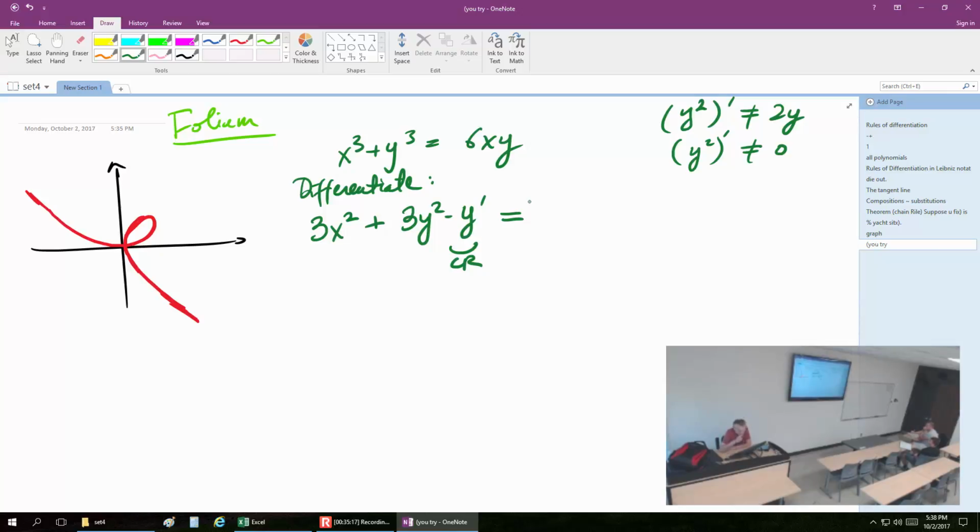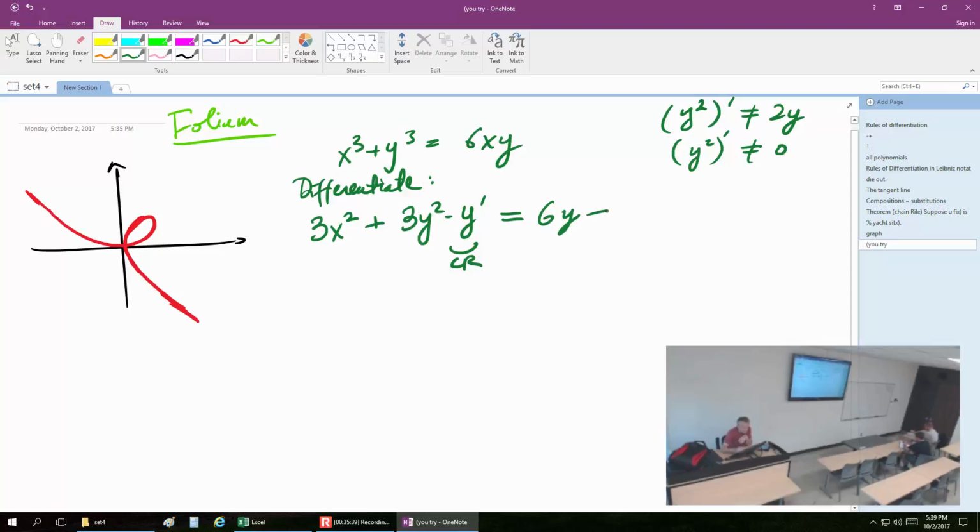So I'll take the 6 out, and first I differentiate x, which gives me what? All differentiation is with respect to x. So what's the derivative of x? 1, right? And then I leave y alone.